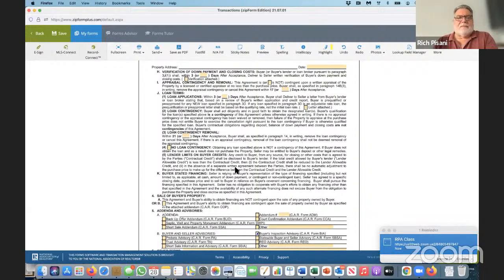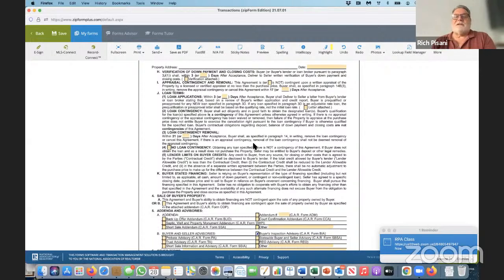So loan contingency removal. There's a box for whether there is a loan contingency. You can check that there is no loan contingency. Now, in this market where appraisals are being waived, but there still is a loan approval, there is a line here I want to point out.